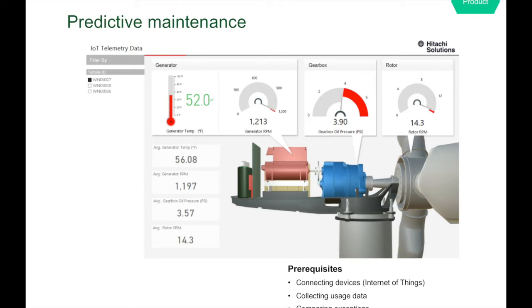So manufacturers of pumps, or that's again a generator from a wind turbine, they can know with a high probability of like 90%, the generator is going to fail within the next 2 or 3 weeks. And then you can wait until it fails, or you can replace or maintain it proactively.